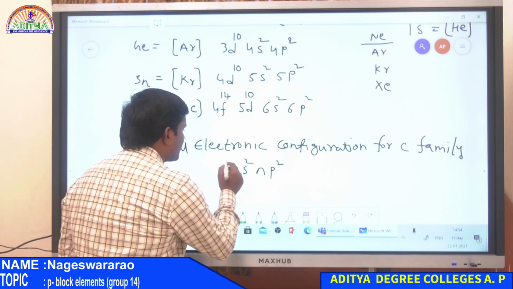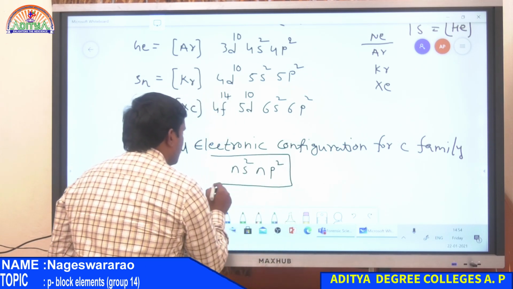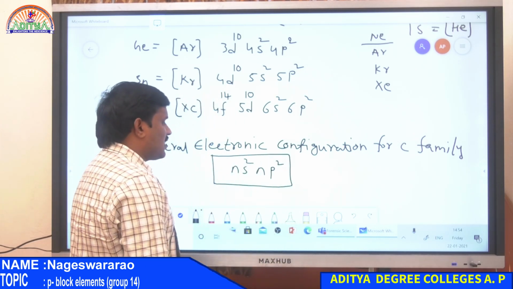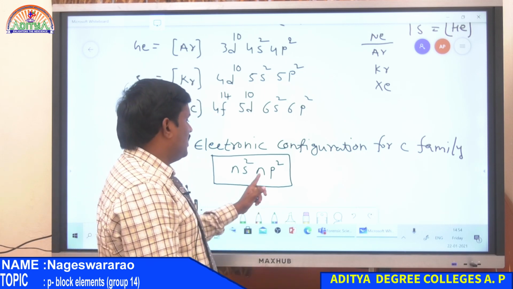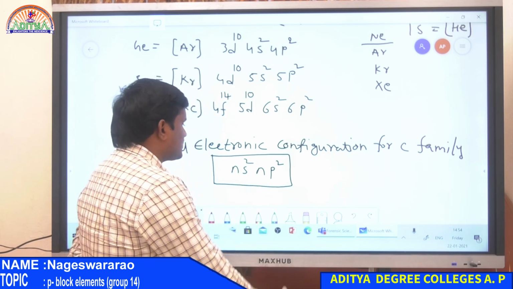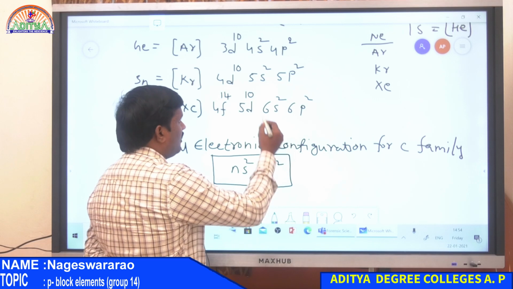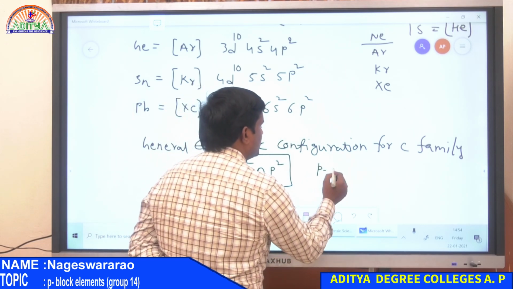Therefore the general electronic configuration for the 14th group, that is the carbon family, is ns2 np2. Therefore the last electron enters into the p orbital, and all these are examples of p block elements.